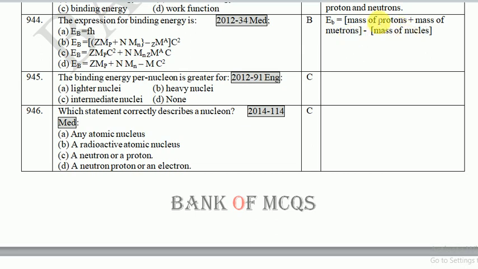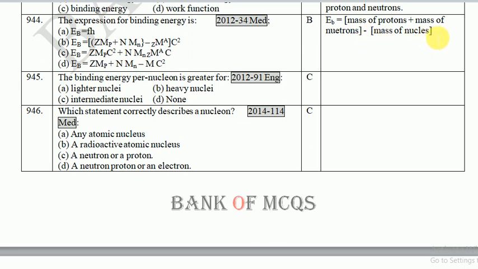The nucleus contains protons and neutrons, but if we measure the mass of protons and neutrons separately and the mass of the nucleus separately, the mass of the nucleus will be less than that of the protons and neutrons, and this mass defect is related to binding energy.